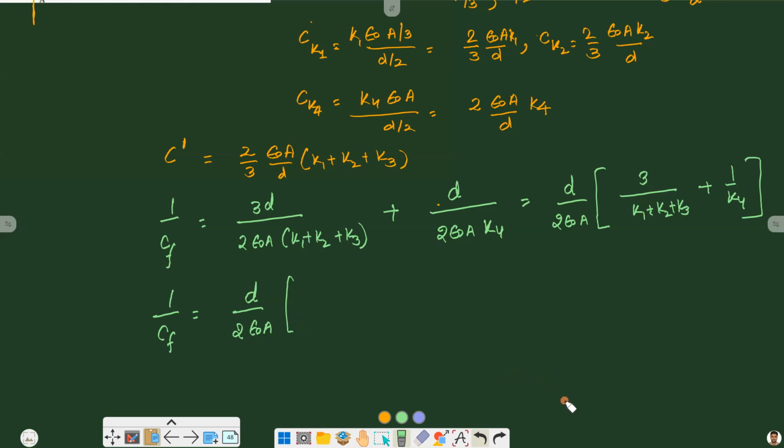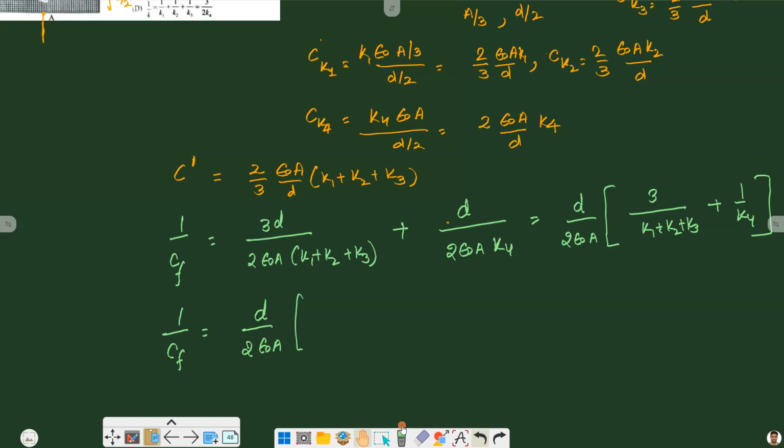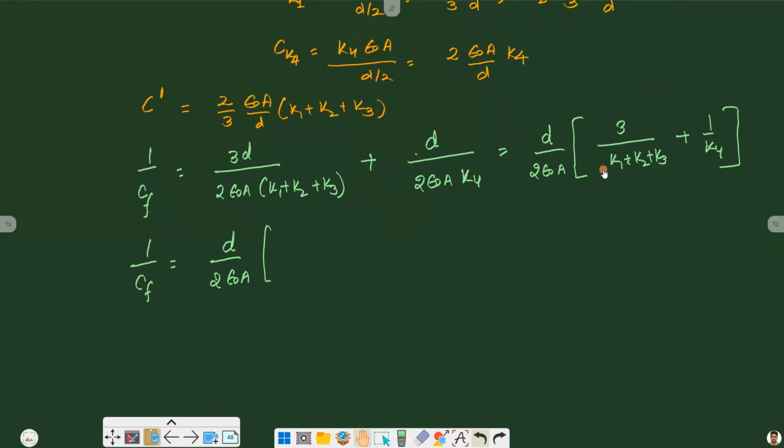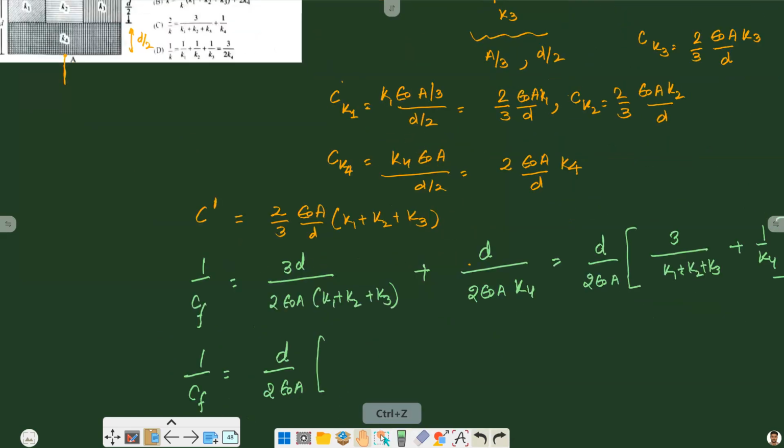Let me check in which form we have to represent the answer. Okay, we have to represent it in the 2 by K form, so we don't take the LCM here. We just take the inverse.